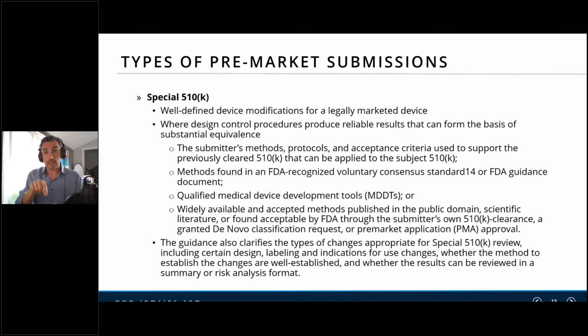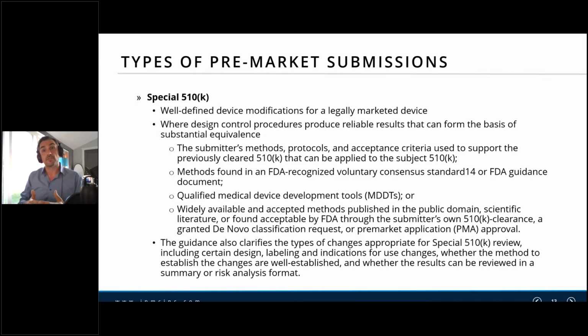So your product, your changes to the product, you're not changing any of the methods, protocols, and acceptance criteria to evaluate the safety and efficacy of that product. You can go ahead and file a special 510K for your product. Again, just not to belabor the point, but design changes, labeling changes, indications for use changes, where the methods to establish the changes are well established.